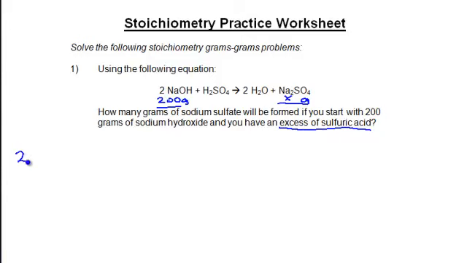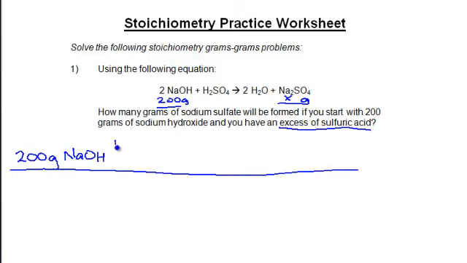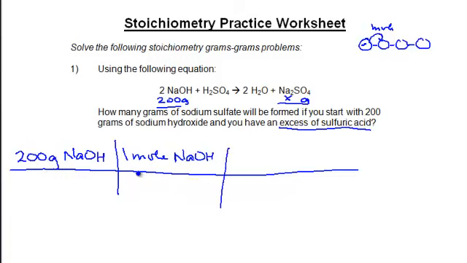So I put 200 grams of sodium hydroxide. That's my given. That's what I begin with. I draw my line straight across. Now remember our mass to mole to mole to mass again, okay? We're starting here. We need to get to the mole. The way to get to a mole is, say, 1 mole of sodium hydroxide is equivalent to the molar mass.